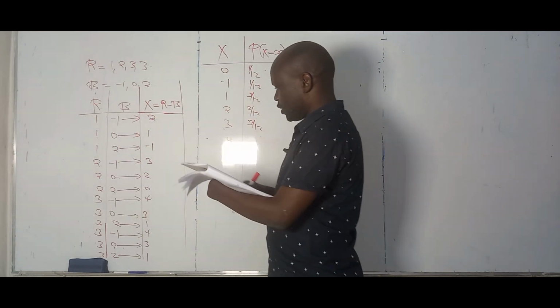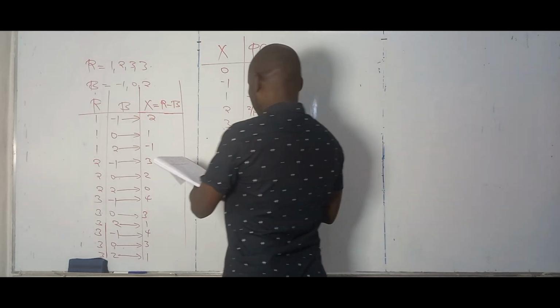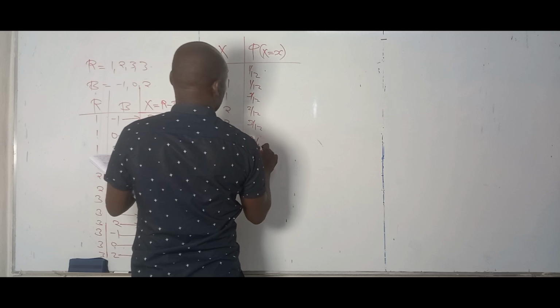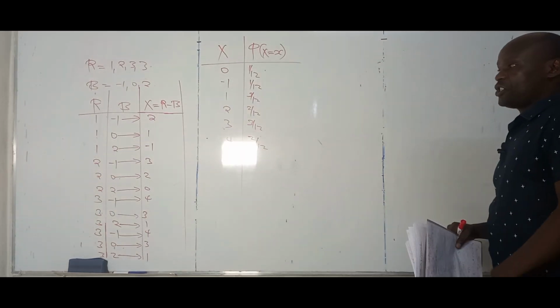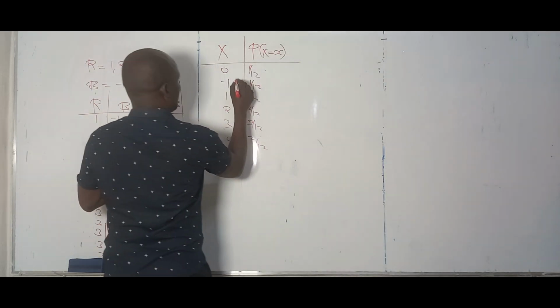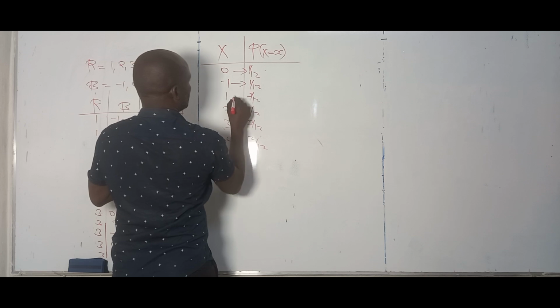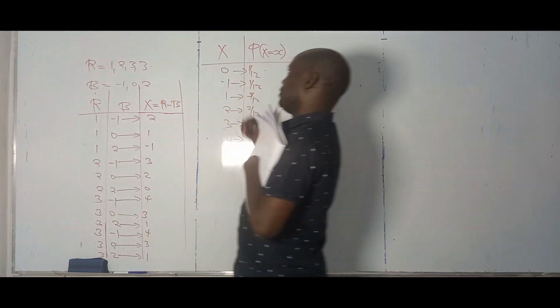And how many times do we see 4? 1, 2. So that is 2 over 12. And that is the probability distribution table that we wanted. This is how we map them. That corresponds to that, like that. That's the table.